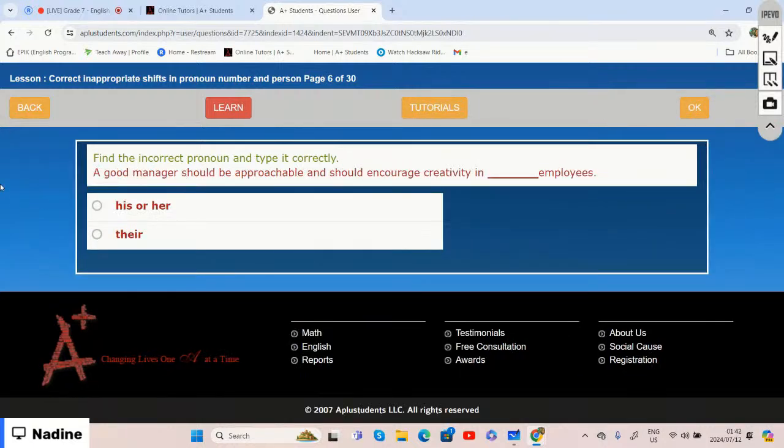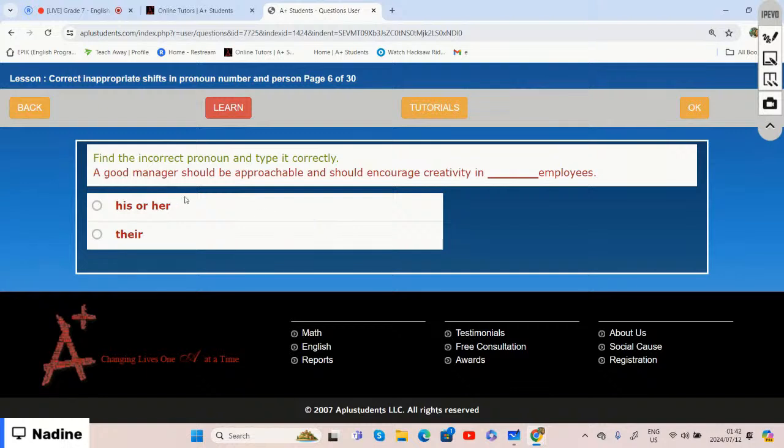A good manager should be approachable and should encourage creativity. Do we say in his or her employees? Or should we say in their employees? A good manager. So a good manager, referring to one manager, remember?